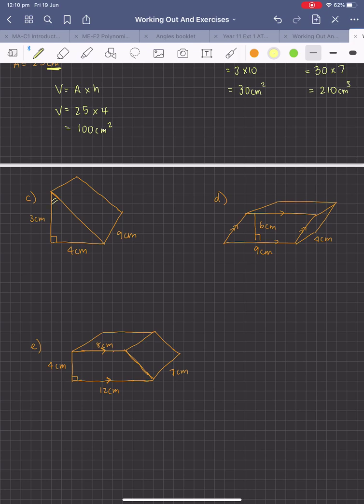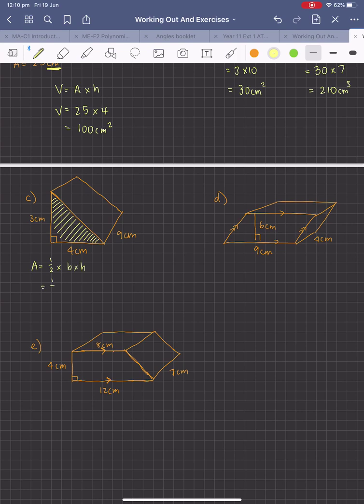So we need to find the consistent cross section, the face that will be the same no matter where we cut it. So in this case, that's my cross-sectional area. I need to find the area of that. First thing I need to ask myself is, what shape is it? Well, it's a triangle. So how do I find the area of a triangle? It's going to be a half times the base times the height.